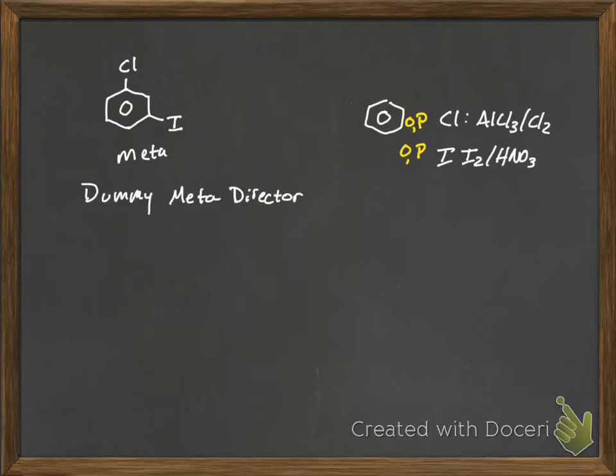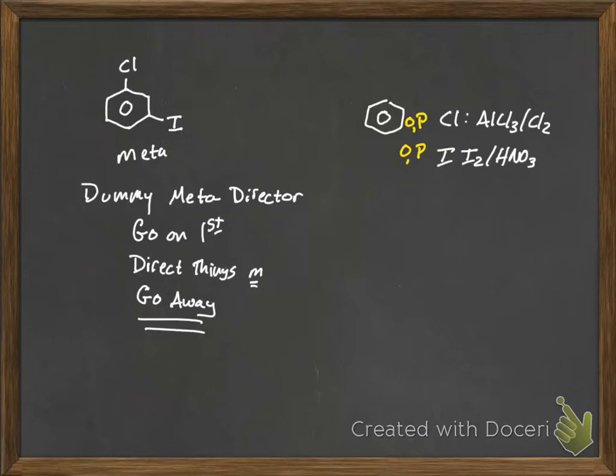Now, this is kind of the exact opposite of a protecting group, because the point of the dummy meta director is to go on first, or at the beginning at least, direct things meta, and then go away. And that's the hard one, getting things to go away.